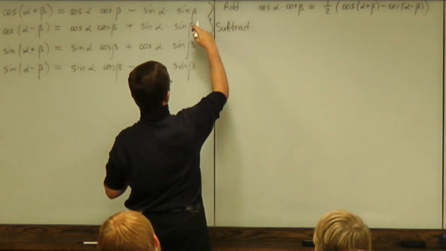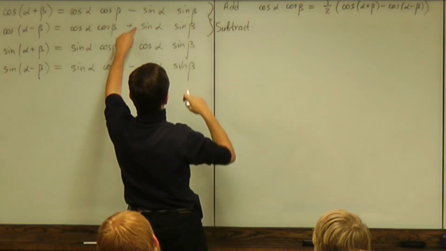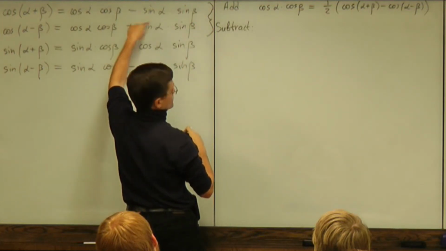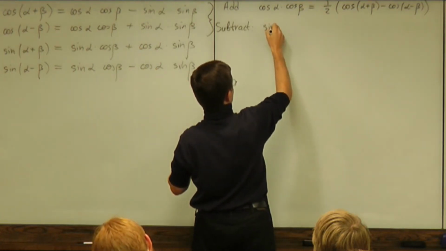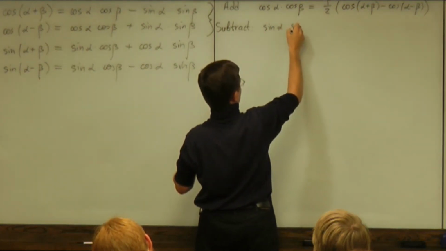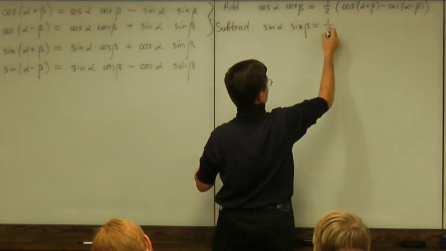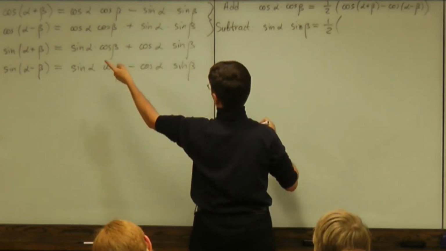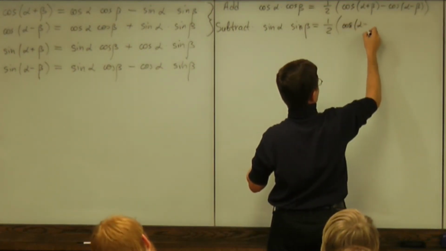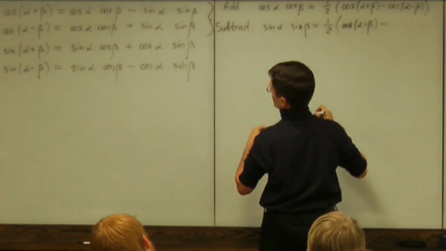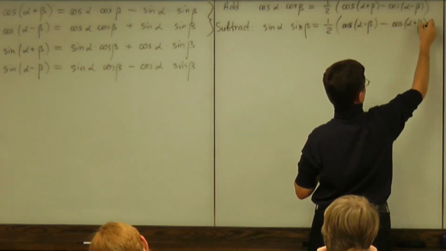And if I subtract the first from the second to make the coefficient with the product of sines positive, I will have sine alpha times sine beta equals 1/2 of cosine of alpha minus beta minus cosine of alpha plus beta.